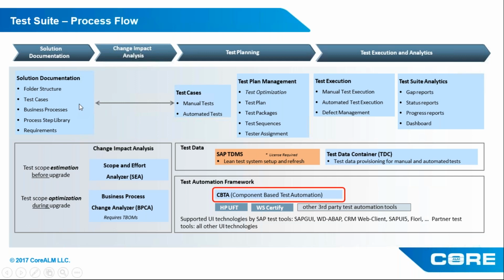If you had SharePoint or HPALM before, you might have multiple versions of the same manual test cases or automated test cases, and you have to go back, and there's a lot of effort and cost involved in going back sometimes when there's a project or an enhancement pack, and determine which one's the latest one.